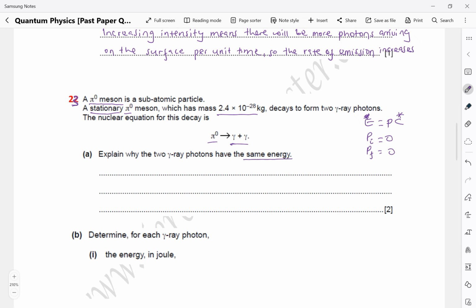Therefore, we shall say that initial momentum is zero. To conserve momentum, the momenta of the photons should be equal and opposite.